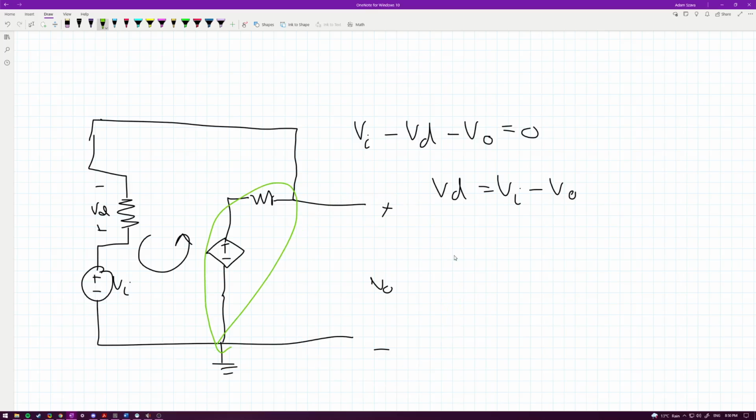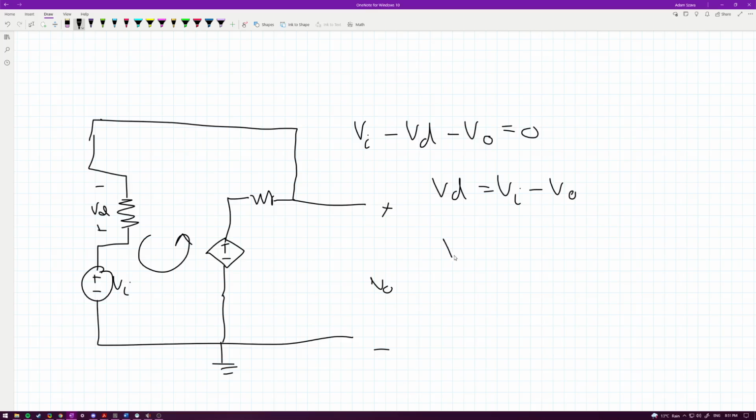Oh, okay. Right, I guess that's what these do. That's weird. That rearranges to VI minus VD minus VO. I must have just copied it wrong, because that doesn't rearrange to that. It should be a minus, I think.